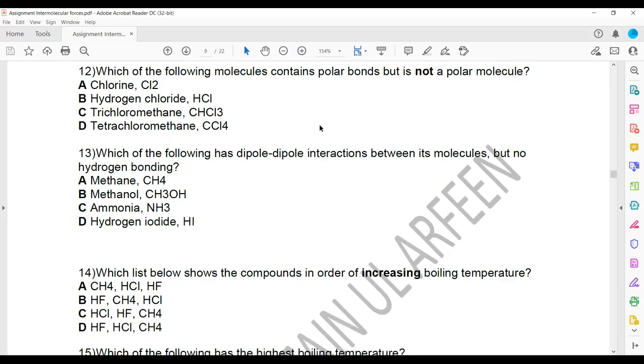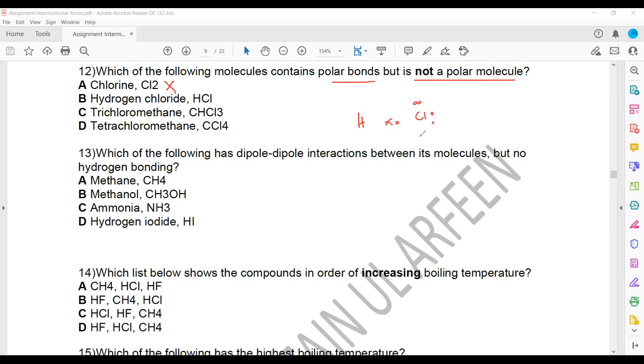Another question, question 12. Which of the following molecules contains polar bonds but is a non-polar molecule? Bond should be polar, but the molecule should be non-polar. When we check chlorine, because of the same electronegativity, the bonds will be non-polar. When we check HCl, the bonds will be polar and the molecule will also be polar because the net dipole moment does not cancel out.